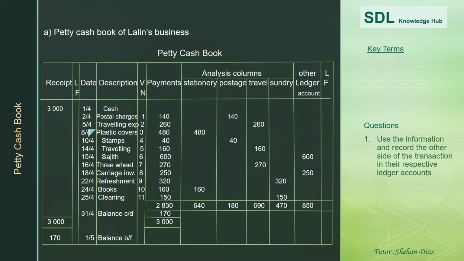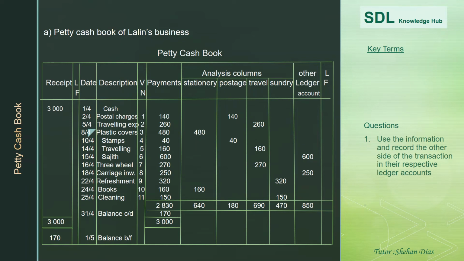If we look at the first transaction, postage charges will be recorded under postage as 140, and this will be shown as payment as 140, and we need to put the voucher number and also the date. Likewise, keep on recording the rest of the transactions in the petty cash book.